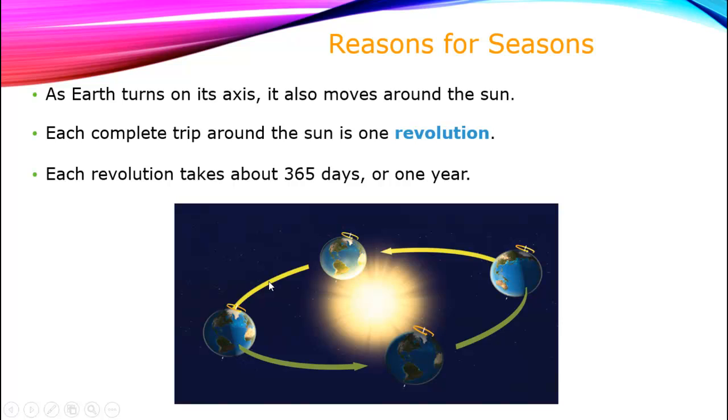So, revolution is different from rotation, because rotation is when Earth turns on its axis, but revolution is when Earth moves around the Sun. Each revolution takes about 365 days or 1 year. But each rotation takes about 24 hours or 1 full day.